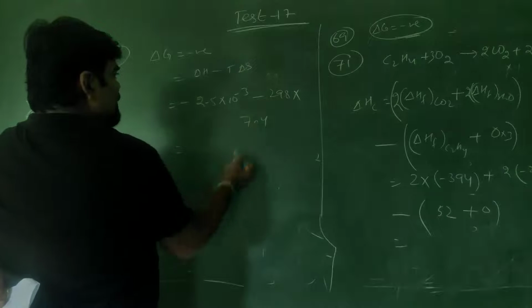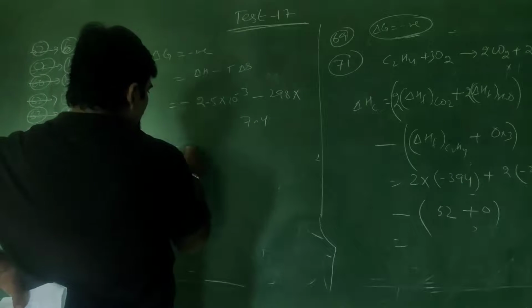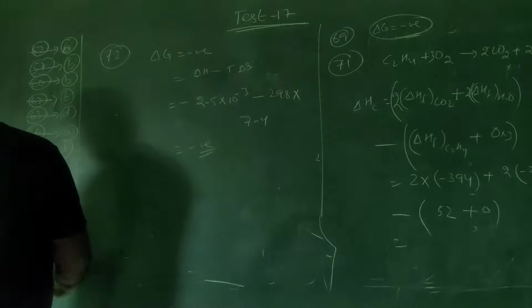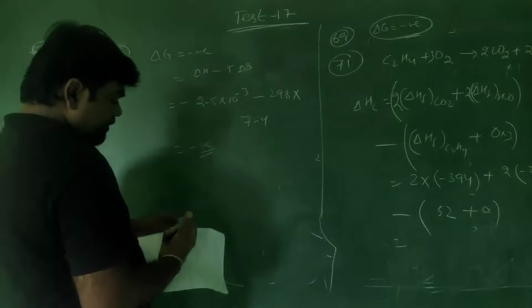So we'll calculate this value, 298 into 7.4, and if the overall value is negative, the process is spontaneous. So the process is spontaneous. The answer to 72 is A.